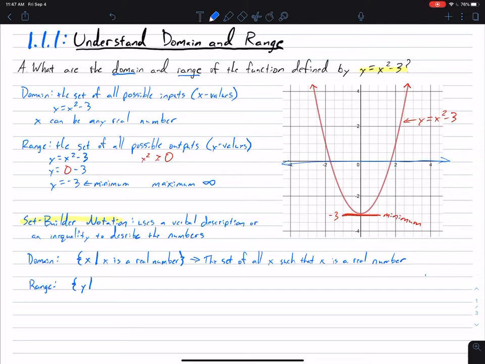We know that the lowest number that y can be is -3, so y is greater than or equal to -3. To read this, we would say the set of y such that y is greater than or equal to -3.